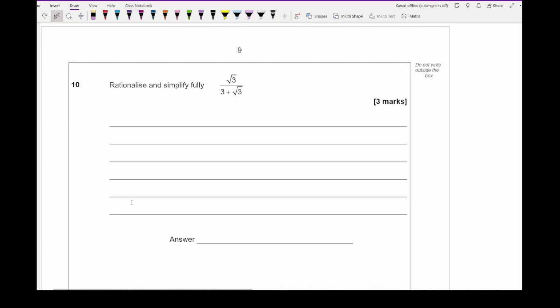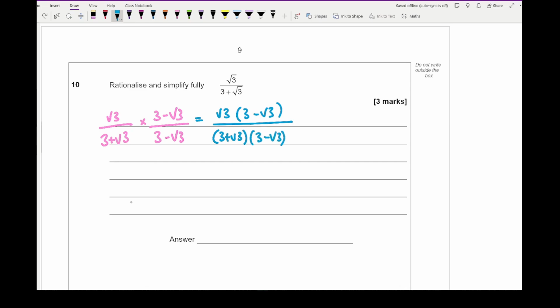Moving on to question 10, it says rationalise and simplify fully root 3 over 3 plus root 3. So for this, what we need to do is write out the question, and then to rationalise it, we need to multiply it by 3 minus root 3. So that becomes root 3 bracket 3 minus root 3 over 3 plus root 3, 3 minus root 3.